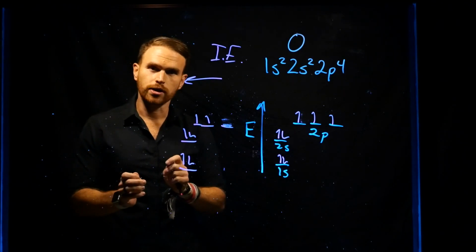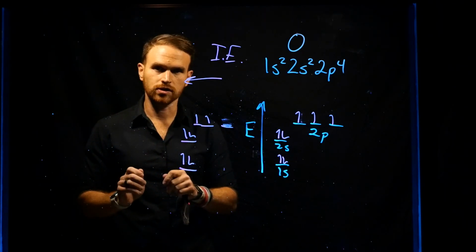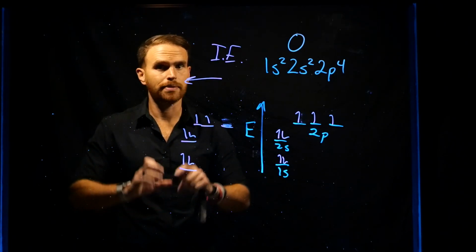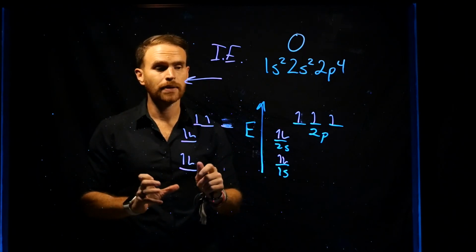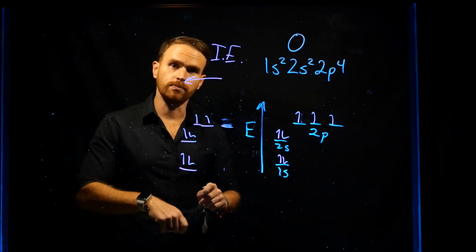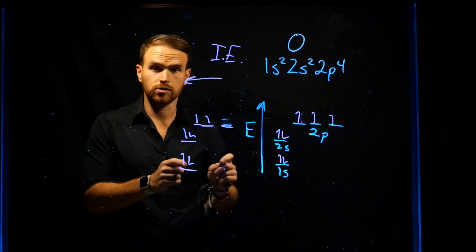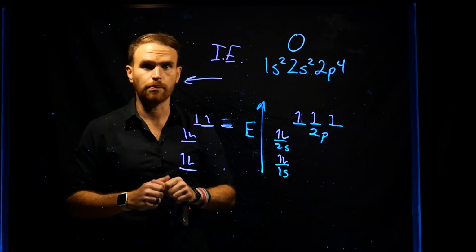So again, the trends that you learned about in previous chemistry courses are helpful in understanding and painting a big picture. However, in our class, it's important that we are able to dive a little bit deeper to begin to explain some of those exceptions to the rules and trends that you've learned about previously.